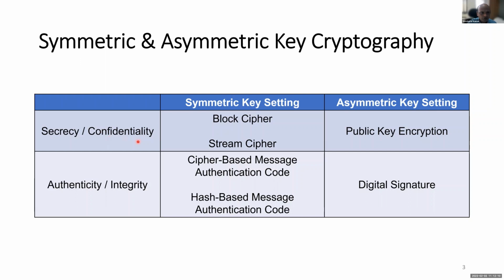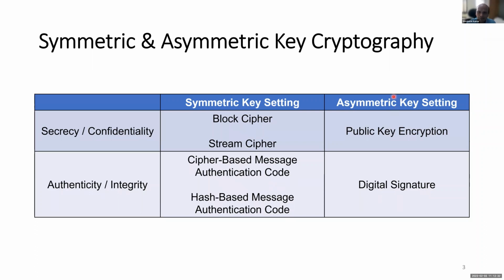Now, if we look into confidentiality, there are block ciphers and stream ciphers, which could provide confidentiality in the symmetric key setting. And if we look into the integrity property, we have cipher-based message authentication codes or hash-based message authentication codes. So these are some of the ways in which you could provide integrity in the symmetric key setting.